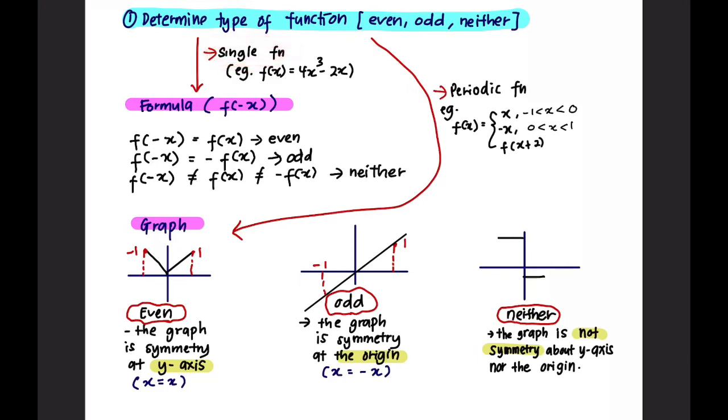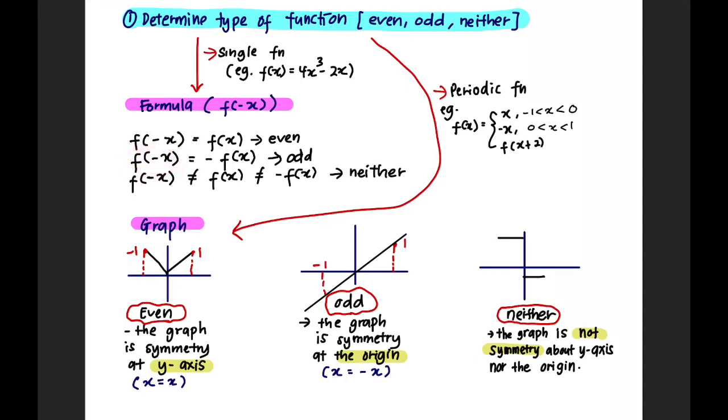For a single function like this, we have a function of f(x). To determine the type of function, you must substitute this x with negative x. After you simplify, if f(-x) equals f(x) from the question, then the function is even.